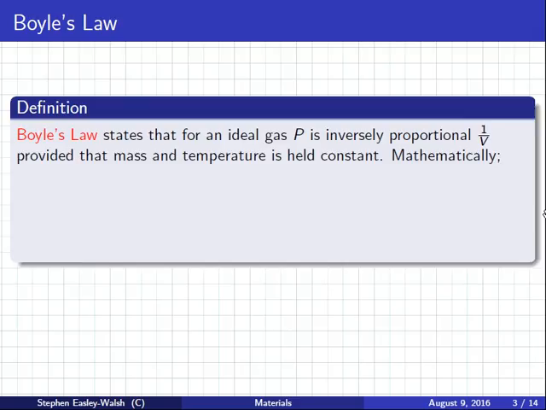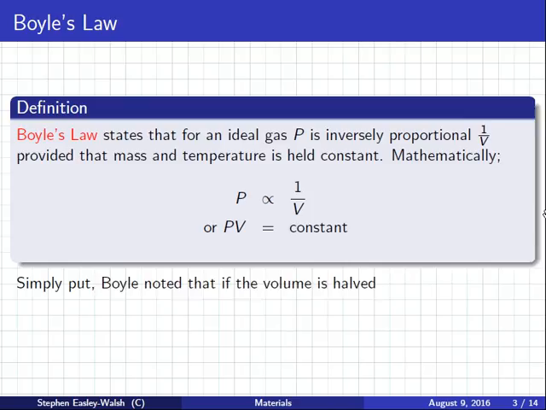As a formula, Boyle's law can be stated as P is proportional to 1 over V, or another way to state it is that P times V is a constant. Simply put, Boyle noted that if the volume is halved, then the pressure is doubled, or vice versa.